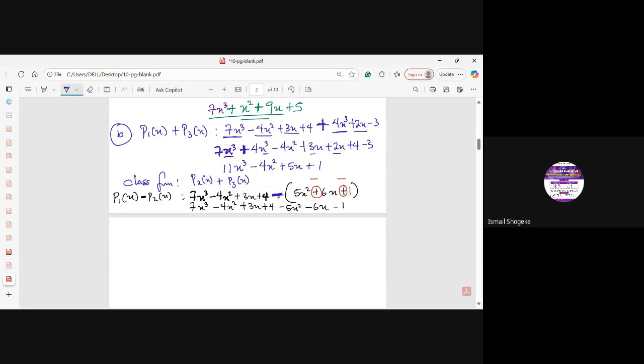So we have to bring a bracket, because this minus is going to change all the signs you have in the bracket. If you have a minus before, minus must be plus. If you have a plus, it will change to minus. Do you understand? That was why this plus here became minus, and this plus here became minus. Then we have completed the job of the minus. Do you understand?